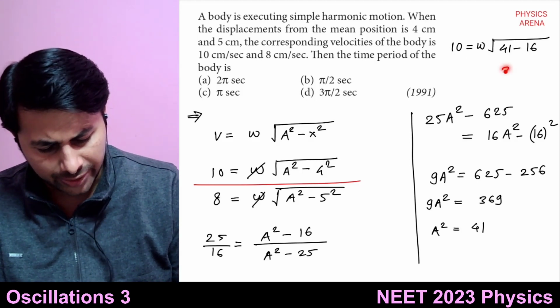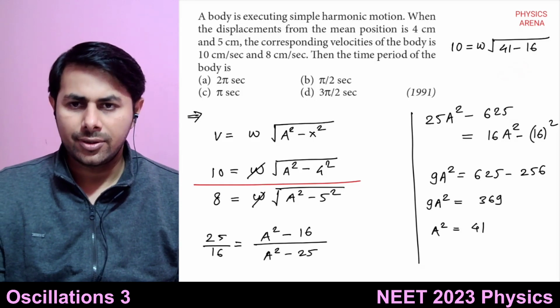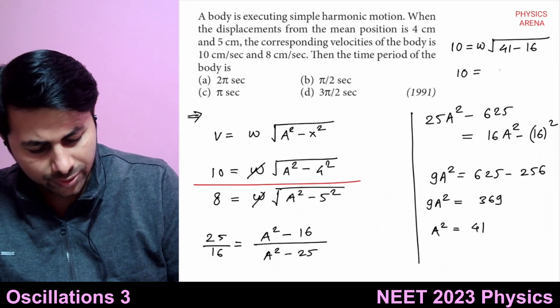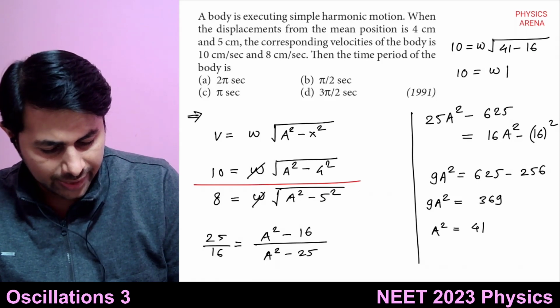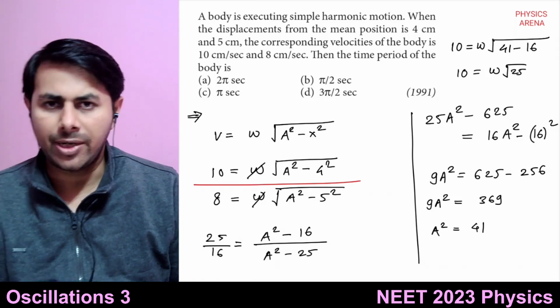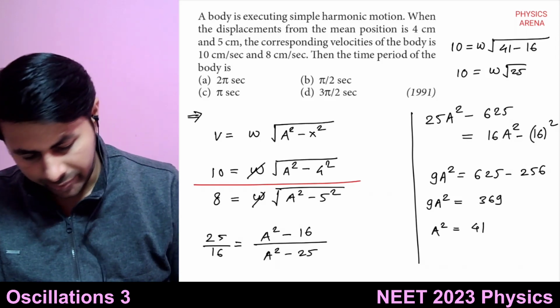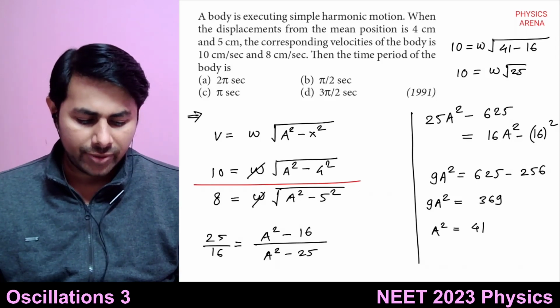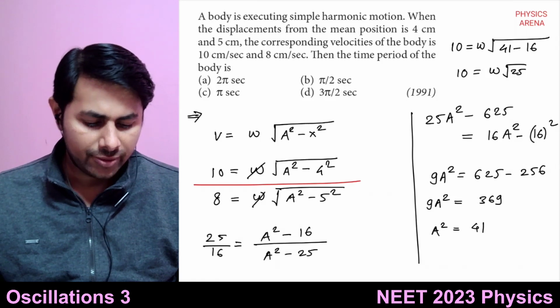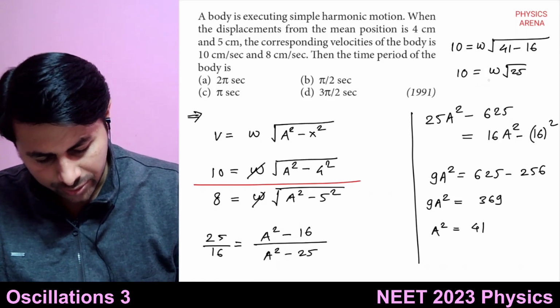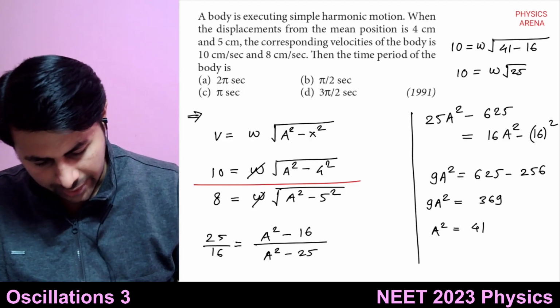So it is 25. So we get 10 equals omega times square root of 25, that is 5. So 5 omega equals 10, that means omega equals what? 2. Okay, so we got omega equals 2, right?